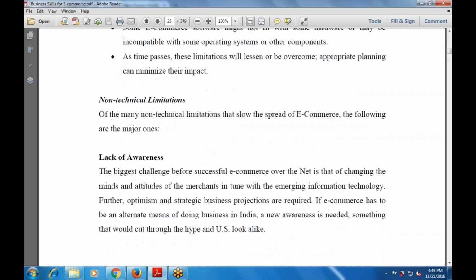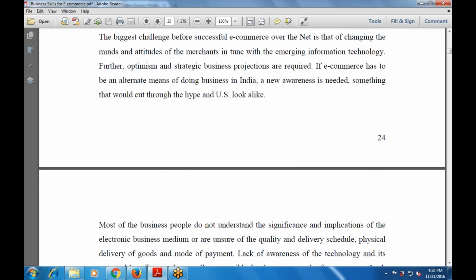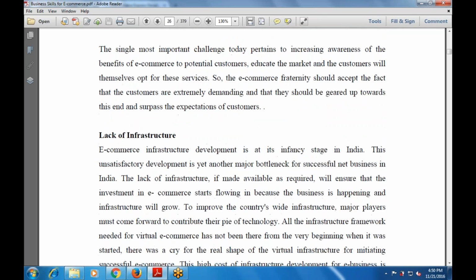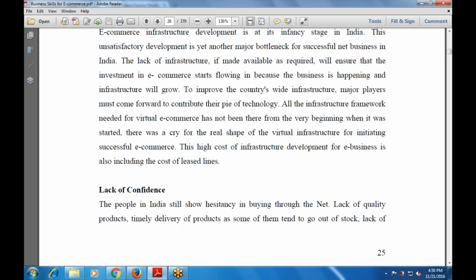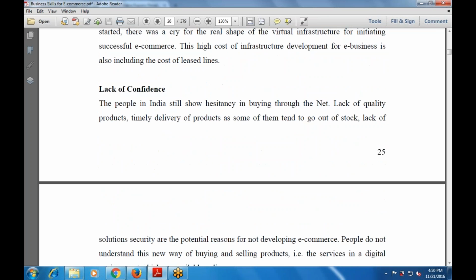Then non-technical limitations: lack of awareness, because not everyone knows how to use it, or not everyone has a debit card, credit card, or internet banking facility. That is a lack of awareness among the people. Then lack of infrastructure, and lack of confidence among the persons.